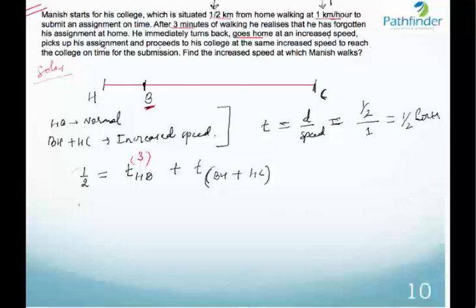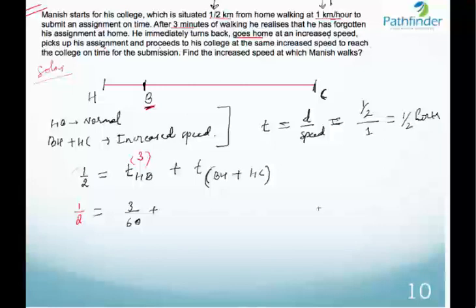So we have half an hour is equal to 3 minutes, which can be converted into hours as 3 by 60, plus the time at the increased speed. Now what is the distance traveled by Manish in 3 minutes?